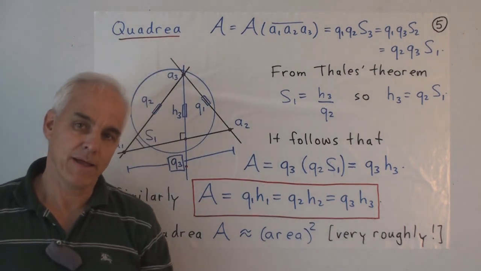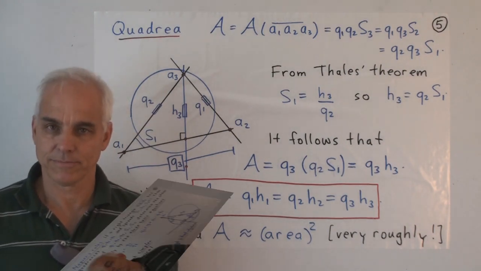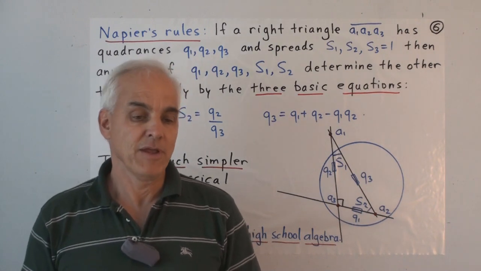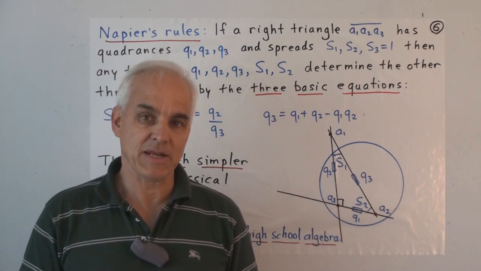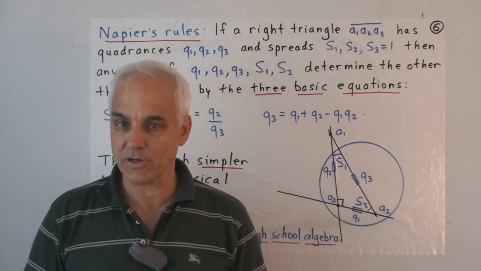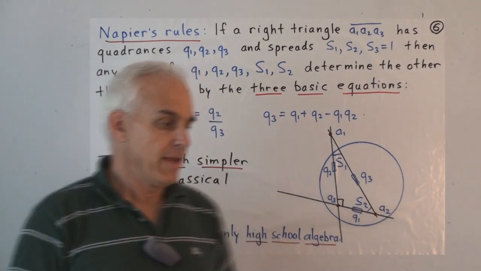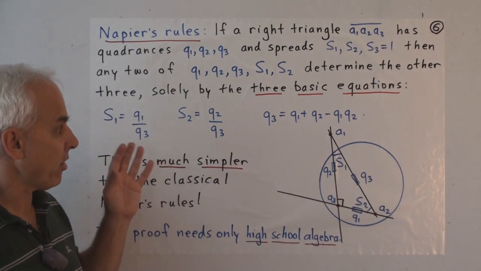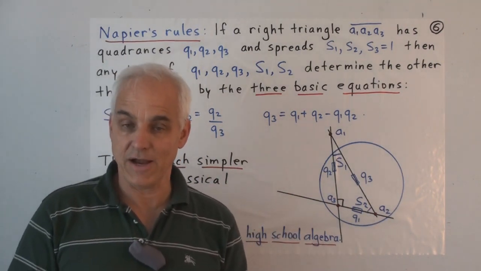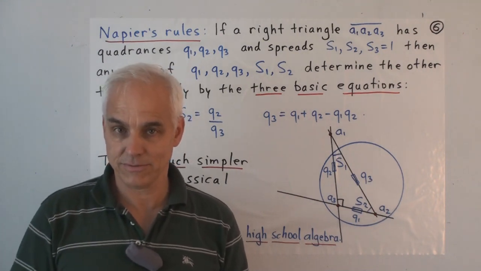Okay, now it's time for Napier's rules. Now, Napier was a 17th century mathematician involved in logarithms and other things, but his name has been associated to some rules which got incorporated into hyperbolic geometry in classical form. Now, the rules that we're giving here are quite different in form to the Napier's rules that you find in hyperbolic geometry texts.